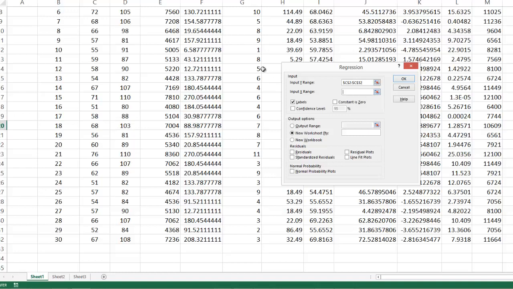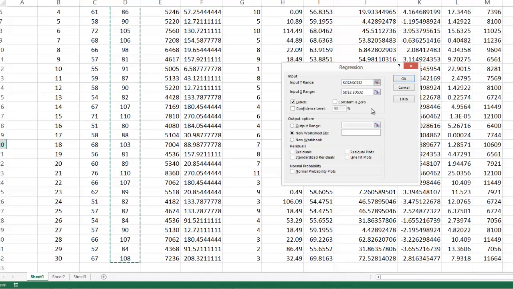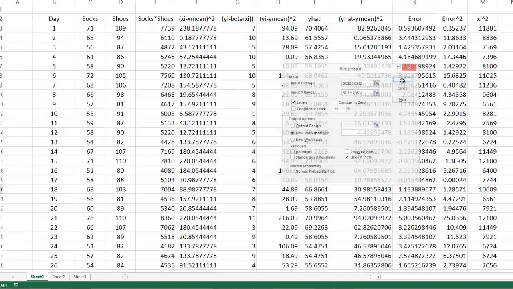And my X variable is going to be shoes. And we don't want our constant to be 0. Our constant is our intercept, so we have an intercept calculated by that. I'm going to put it in a new worksheet, and then I'm also going to include the line fit plots.